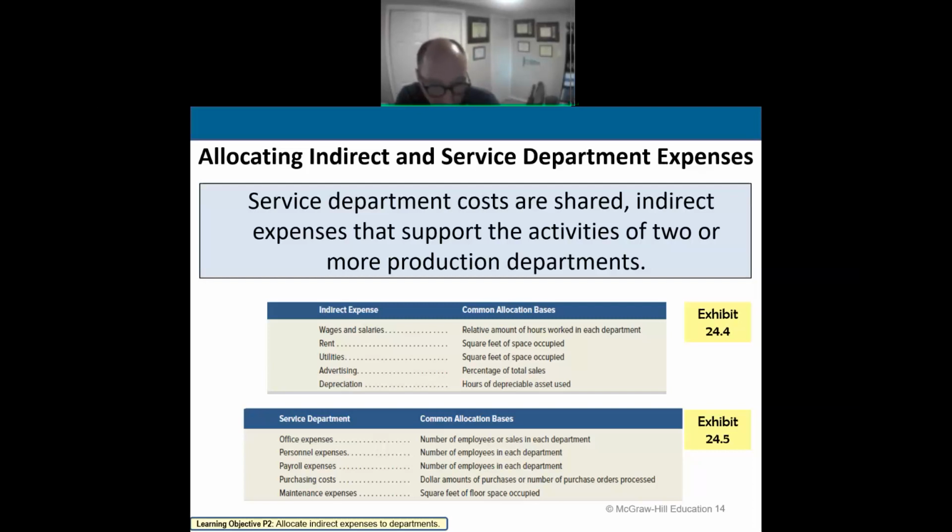Even the hotel has human resources, payroll, accounting, engineering. Engineering is maintenance. They're all support departments. We call them service departments. They service the operations.